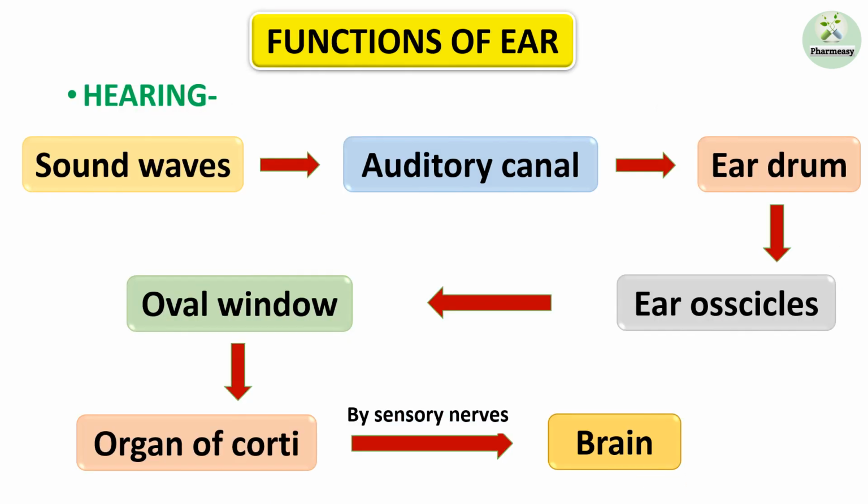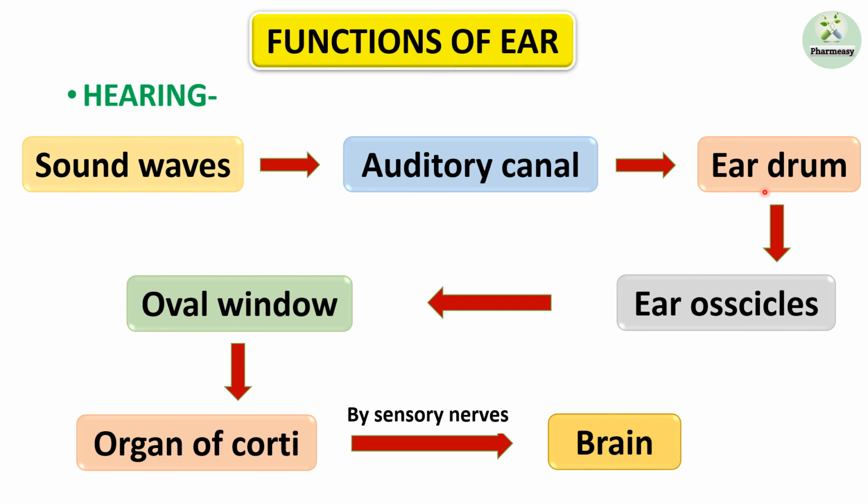Next topic is functions of the ear. The main functions of the ear are hearing and balance. In the mechanism of hearing, the sound waves pass through the auditory canal and reach the eardrum.